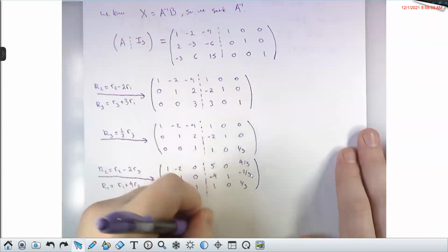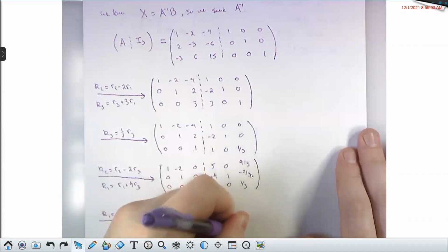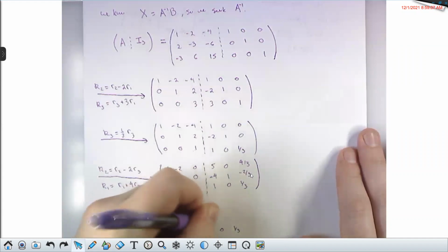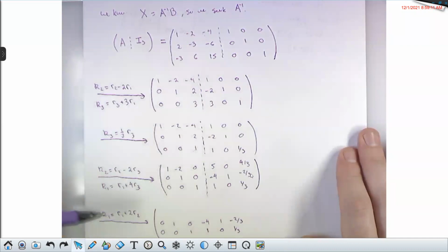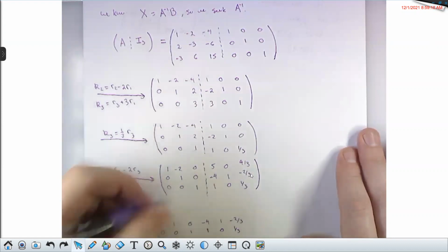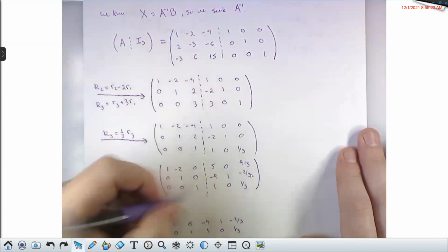Rows 3 and 2 don't change. So I'm going to multiply row 2 by 2 and add it to row 1. So 2 times this plus this is still 1. 2 times 1 is 2, plus -2 is 0.